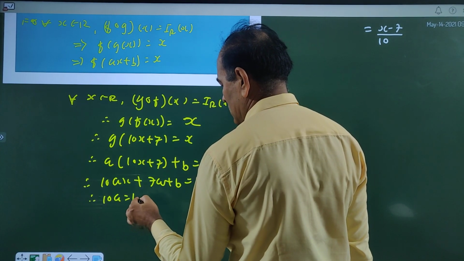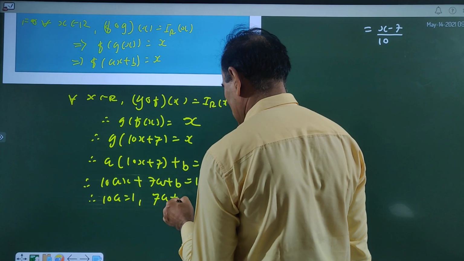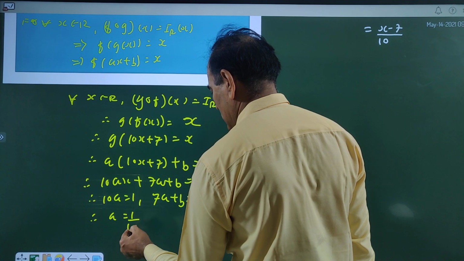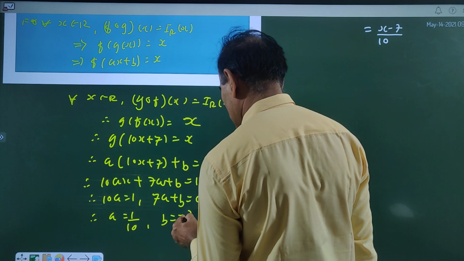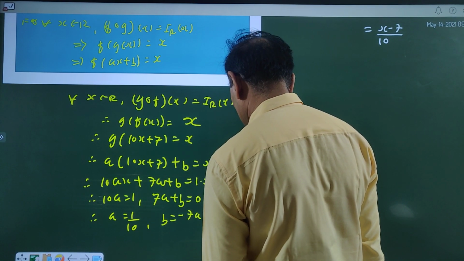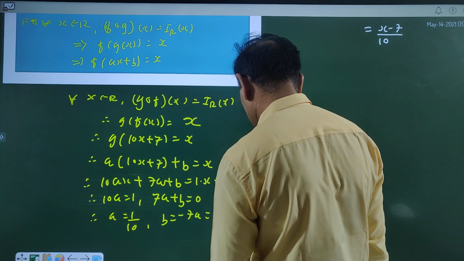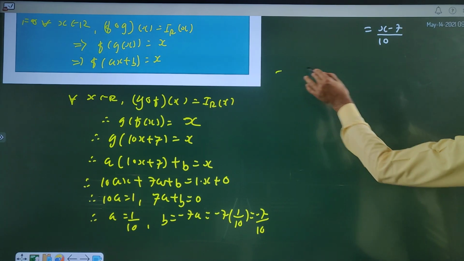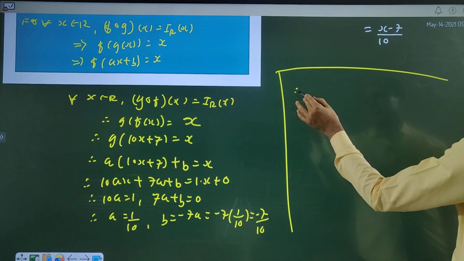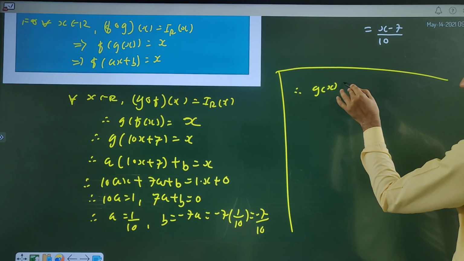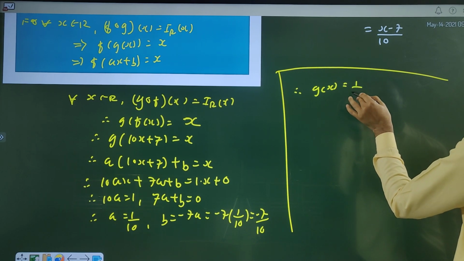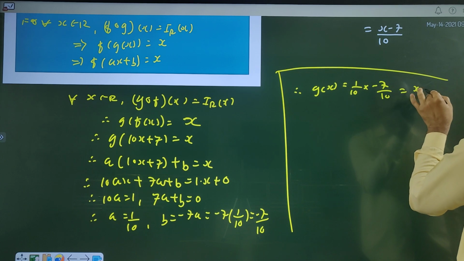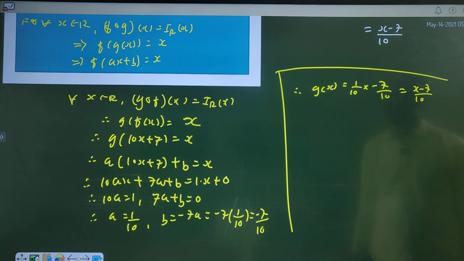So 10a is equal to 1, 7a plus b is equal to 0. a is equal to 1 by 10, b is equal to minus 7a, that is minus 7 into 1 by 10, that is minus 7 by 10. And therefore what is g(x)? 1 by 10 into x minus 7 by 10, that comes out x minus 7 by 10.